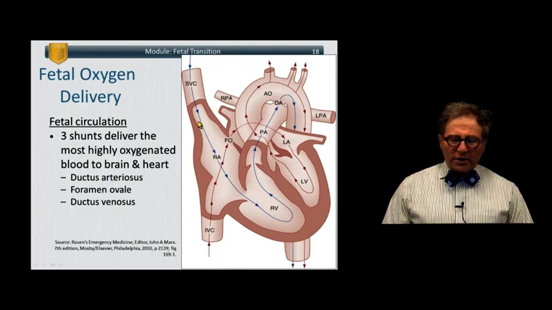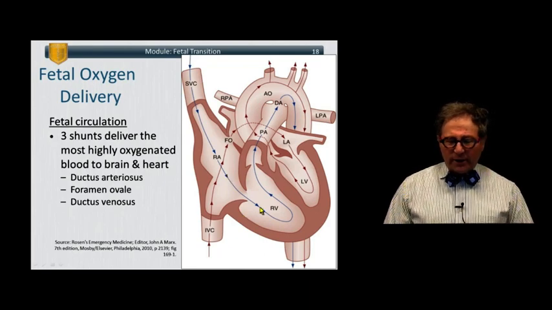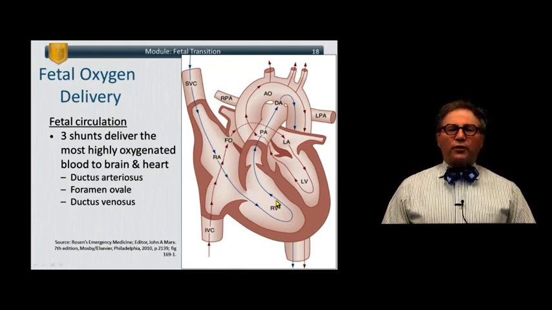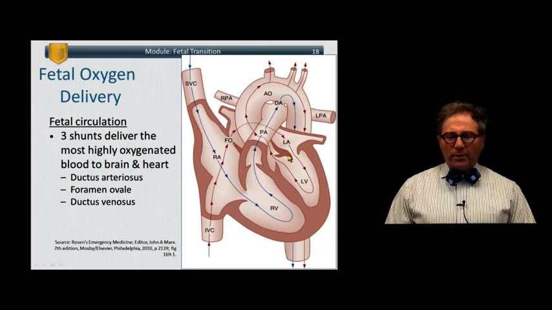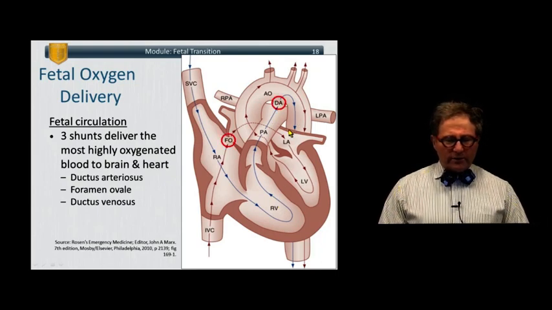Whereas the less oxygenated blood from the superior vena cava and some from the inferior vena cava traverse the right ventricle and get out the pulmonary artery through the ductus arteriosus and down to the lower extremities.